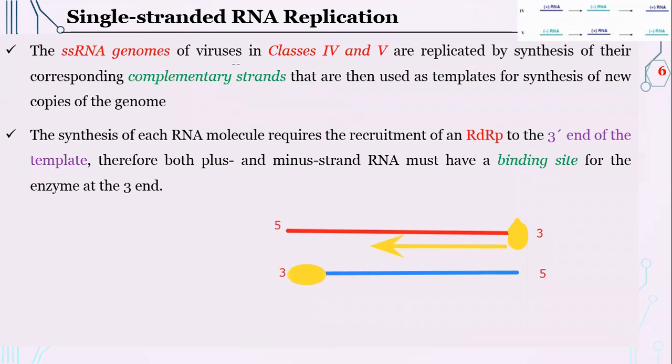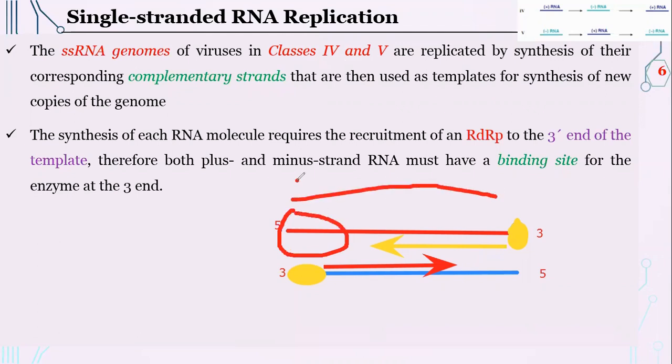And it will make transcription. It will replicate in this direction. So if we have a positive sense RNA, the complementary strand will have the binding site. This will be the 3' end.